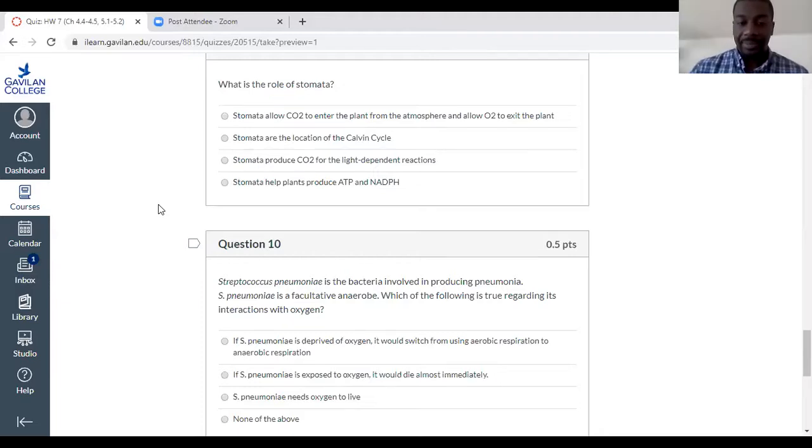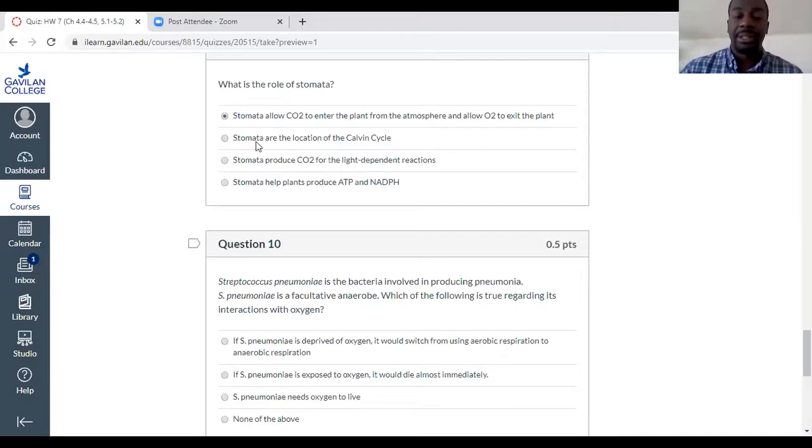What do we think? Right. So the stomata allow carbon dioxide and oxygen to be exchanged between the atmosphere and the plant. Stomata will allow carbon dioxide to enter if they're open, and if they're open, oxygen is also going to be able to exit into the atmosphere.